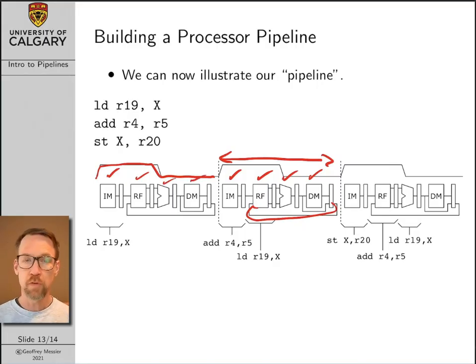For most processors, it is the memory operations that are the longest. And so the maximum duration of our clock would be, in many cases, determined by either our instruction memory or our data memory stages.